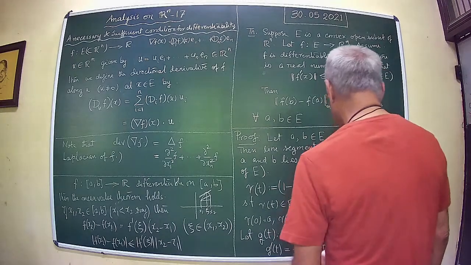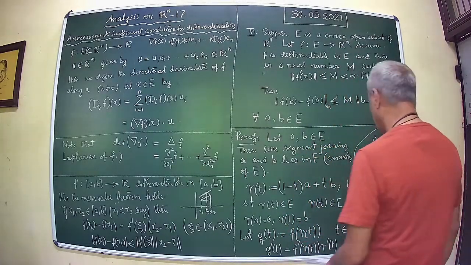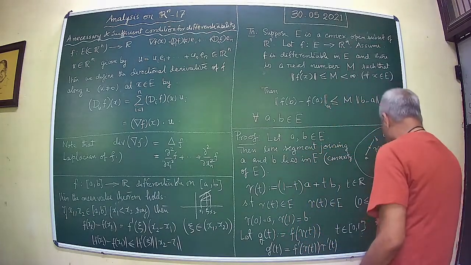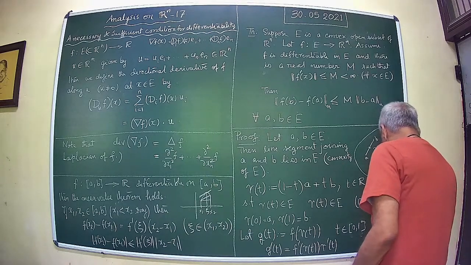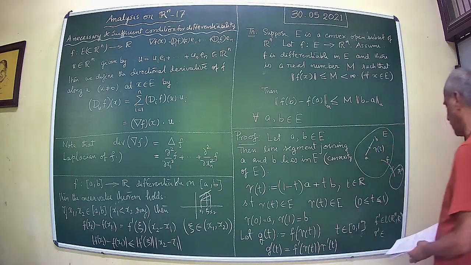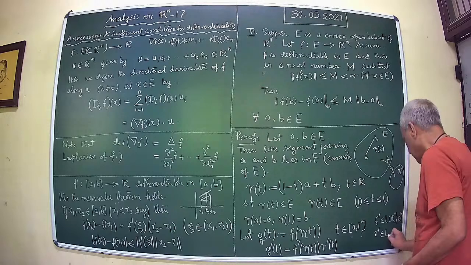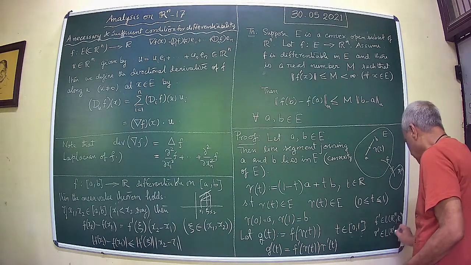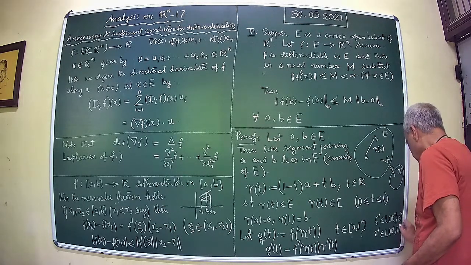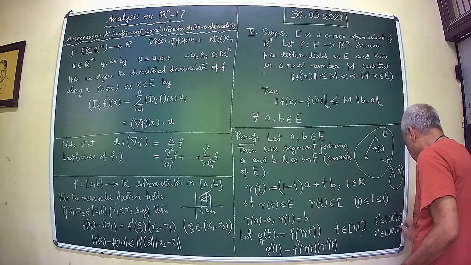Gamma is a map from the interval 0, 1 to R^n, so gamma derivative belongs to R^n.